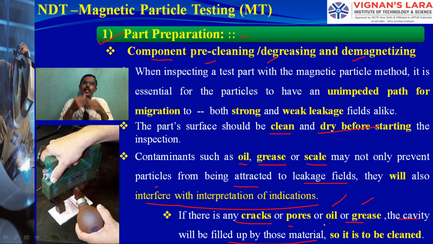Visibility is reduced. So our intention is to clean properly in such a way that cracks or any discontinuities will be visible properly. That is our aim. That is our first point: part preparation. Part is nothing but specimen preparation. So that we have done now.